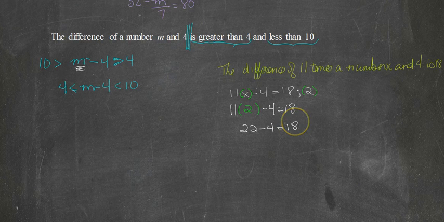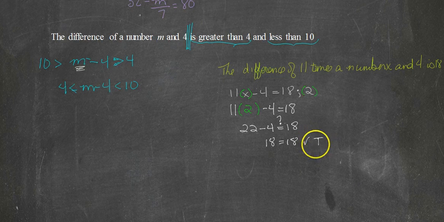At this point, all I'm doing is trying to find out, are they actually equal to each other? Because if 2 is the right number to substitute for x, meaning if x equals 2, then I'm going to end up with something that looks like 18 equals 18. And so that's where I'm trying to go. So let's take 22 take away 4. Well, in fact, that is 18 equals 18.